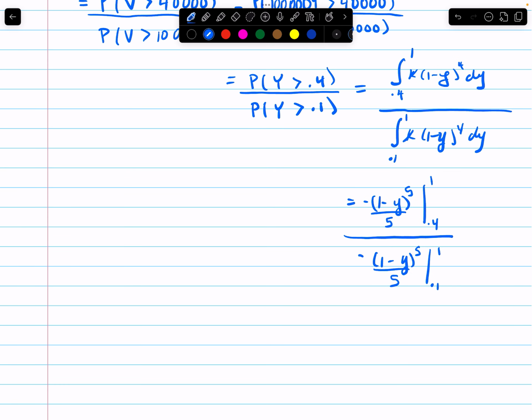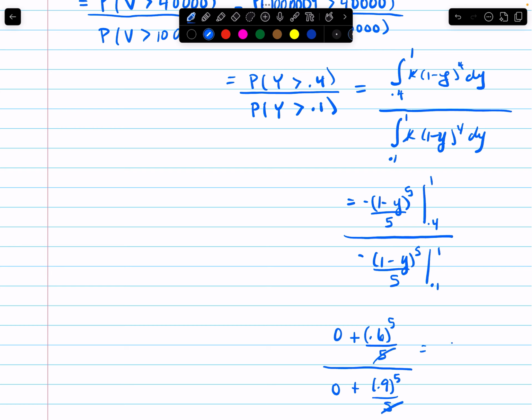Plugging in, we end up with 0 minus a minus, so plus 1 minus 0.4 is 0.6 to the 5th, so 0.6 to the 5th over 5, over, and then again we plug in 1, we get 0, minus a minus, so plus 1 minus 0.1 is 0.9 to the 5th over 5. So those cancel.